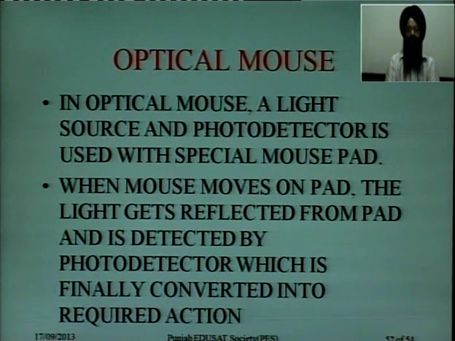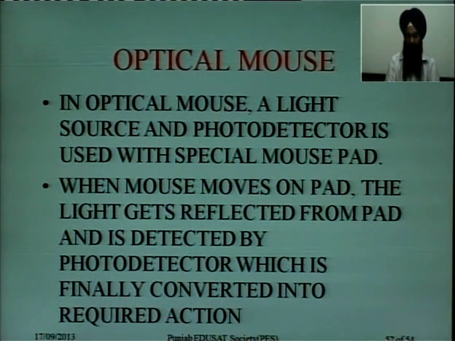Next, which is very widely used nowadays, is the optical mouse. In the optical mouse, a light source and photo detector are used with a special mouse pad. When the mouse moves on the pad, the light gets reflected from the pad and is detected by the photo detector, and is finally converted into the required action.